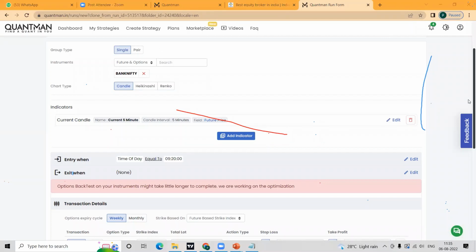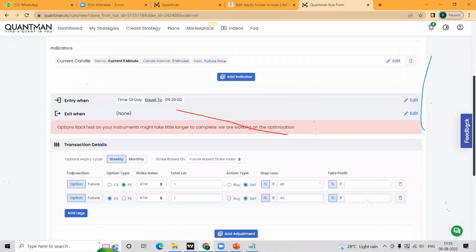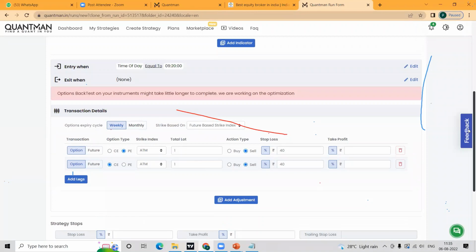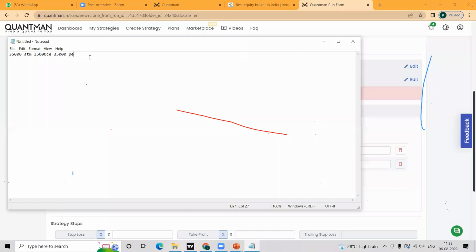That is the question. But normally theta decay happens much faster on Wednesdays and Thursdays. What is theta decay? Say for example, the same 35,000 call and put. Assume the premium is 200 rupees and the market does not move anywhere, it is still 35,000.